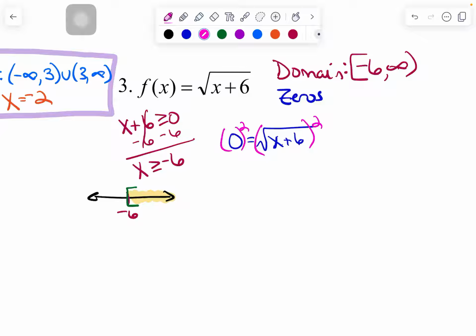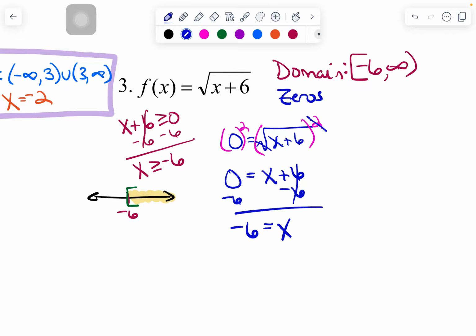So on the left side, 0 squared is still 0. On the right side, the square and the square root cancel each other out. So we've got x plus 6. Subtract 6 from both sides, and then x is going to equal negative 6. So at negative 6, that is where you have your x-intercept. And negative 6 is part of our domain, so that's okay.